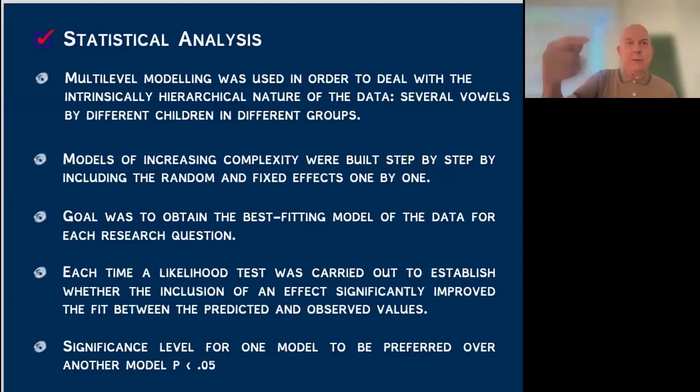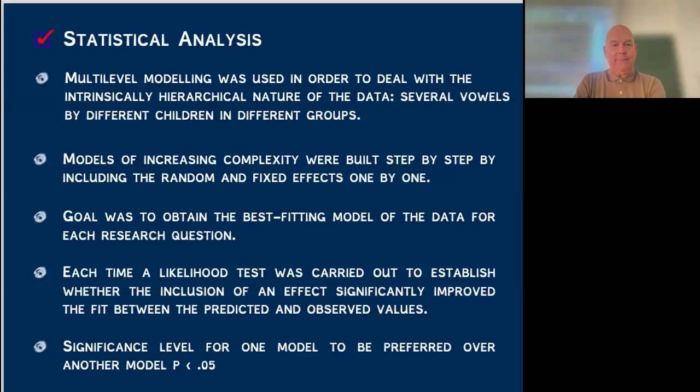And each time, of course, there was a statistical test. Does a particular set of variables contribute significantly to the model or not? So is the model significantly better, yes or no? And so that was the approach that was taken. And the significance level was set at 0.05.